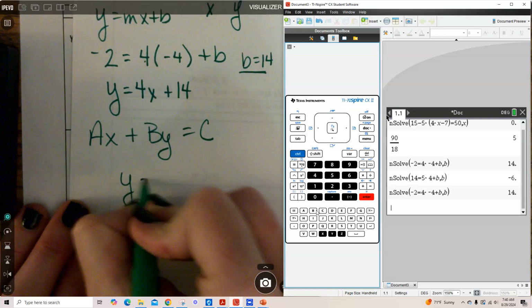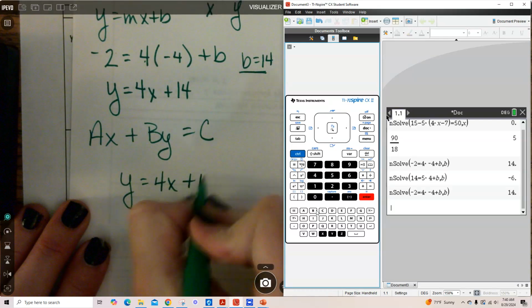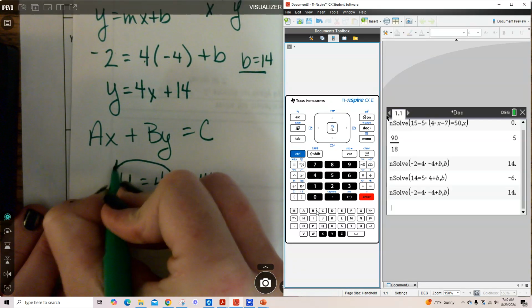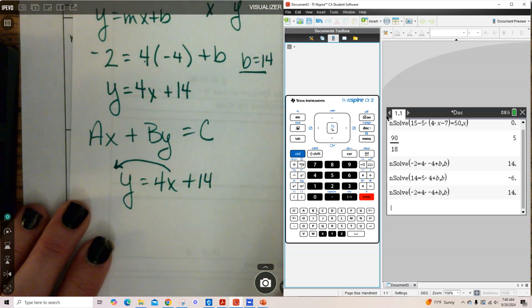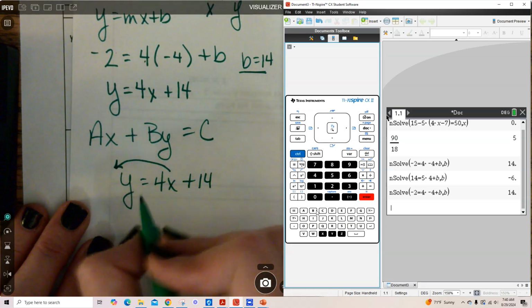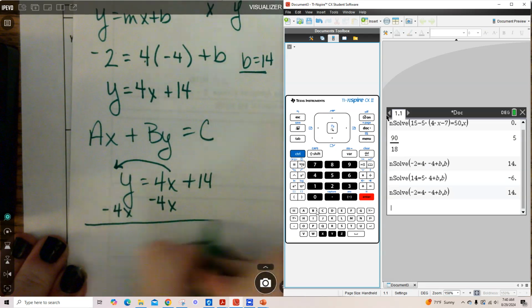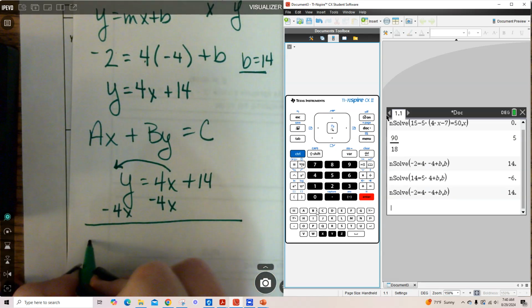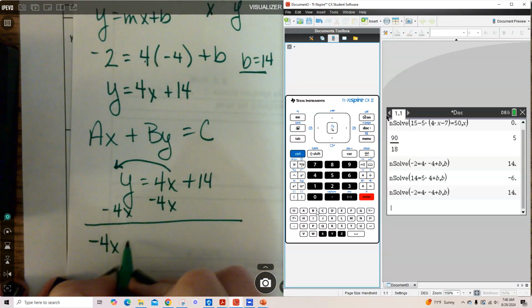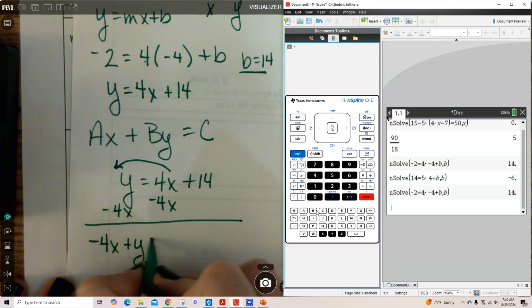Okay? So if I want to convert my equation, I need to move the x value over here. So anytime we're moving pieces, we're adding or subtracting. So in this case, we're going to subtract. So we're going to have negative 4x, that's a positive y, so plus y.